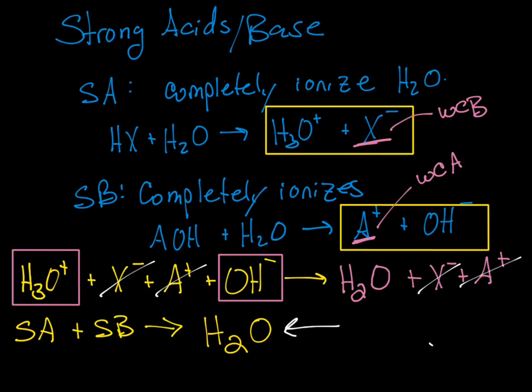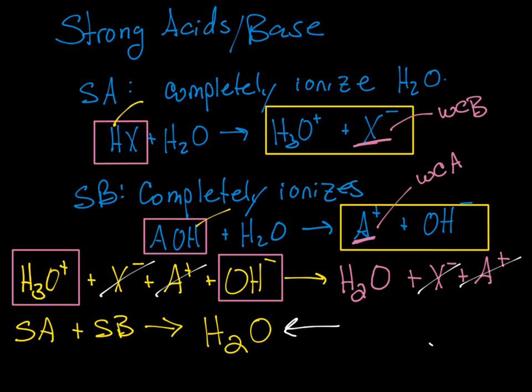That could be true if I have exactly the same amount of acid and base, and more specifically, the exact same amount of hydrogen and OH. That doesn't normally happen.